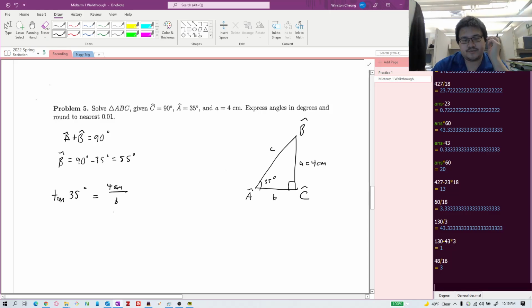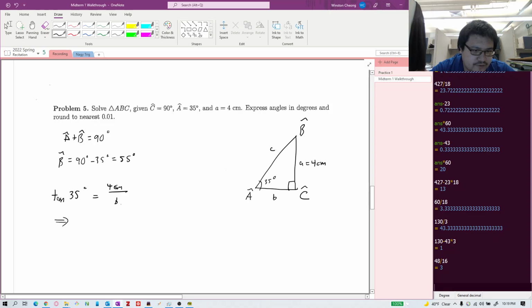Okay, so we know this equation must hold true, and that gives us a way to find the length of B. We just solve for B in this equation. Tangent 35 is just a number, and 4 is just a number; we'll calculate it in a bit.